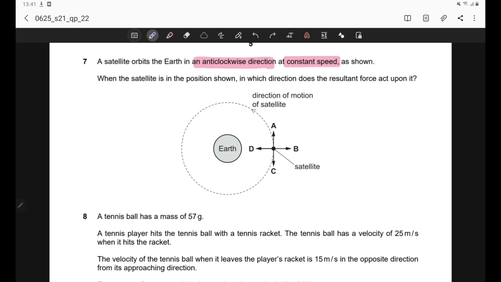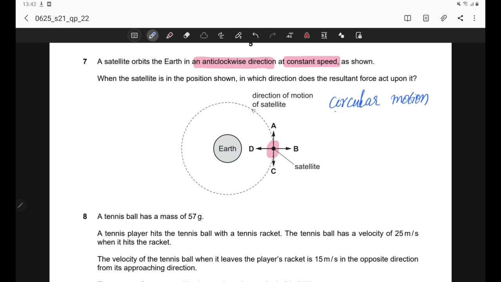Now we need to check, when the satellite is at this position, in which direction a resultant force is acting. Here we can understand that the satellite is moving in a circular path, so the motion of the orbit is circular motion.